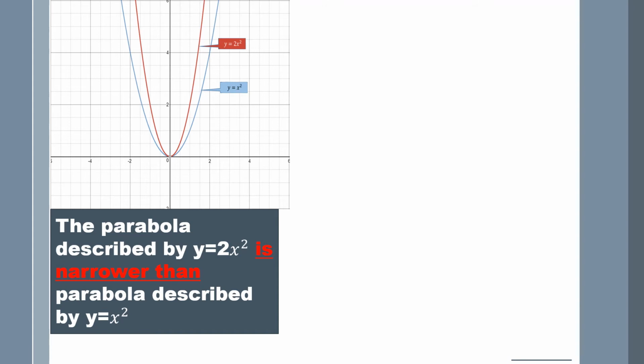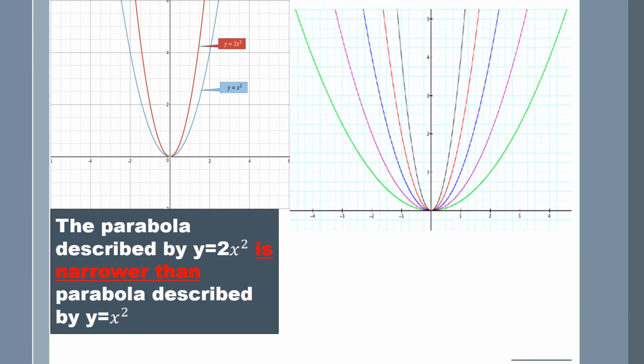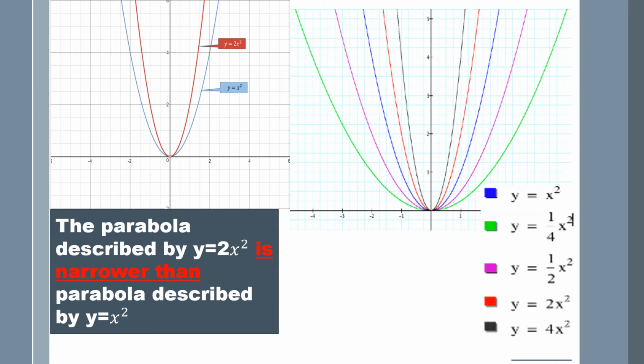For more explanation, if you look at this drawing, we have different parabolas. Each one has its own quadratic equation. These are the equations that represent each parabola. So which one is the widest parabola? If you look, the widest parabola has the green color, which is the smallest coefficient, 1/4.